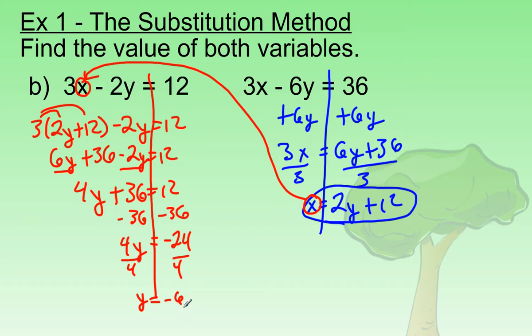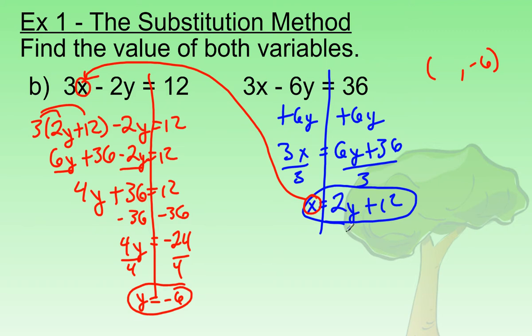So if the y value is negative 6, what's the x value? Well, all we have to do is, since the y value of negative 6 is true for both equations, negative 6 is going to be the y value we're going to use. All we have to do is plug in negative 6 in one of the two equations we've done to find the x value.